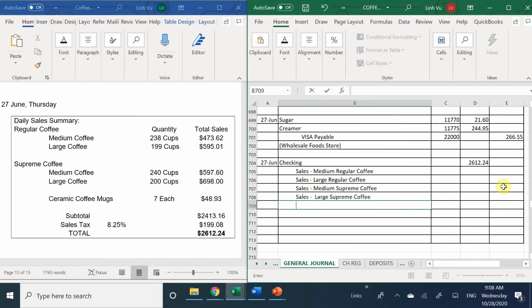And then we have sales tax payable. We missed one. Oh, ceramic coffee mugs, I'm sorry.